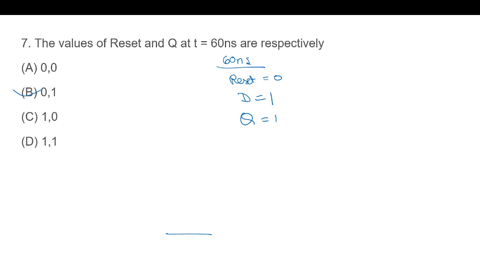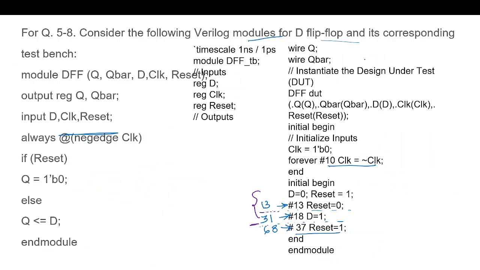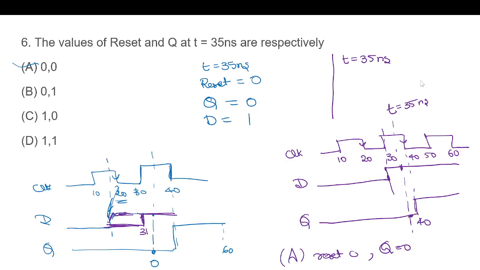And then this question at 60 nanoseconds. So there is no change at 60 nanoseconds. Okay. So we can refer to this waveform. At 60, it could have seen one negative edge and a second negative edge.